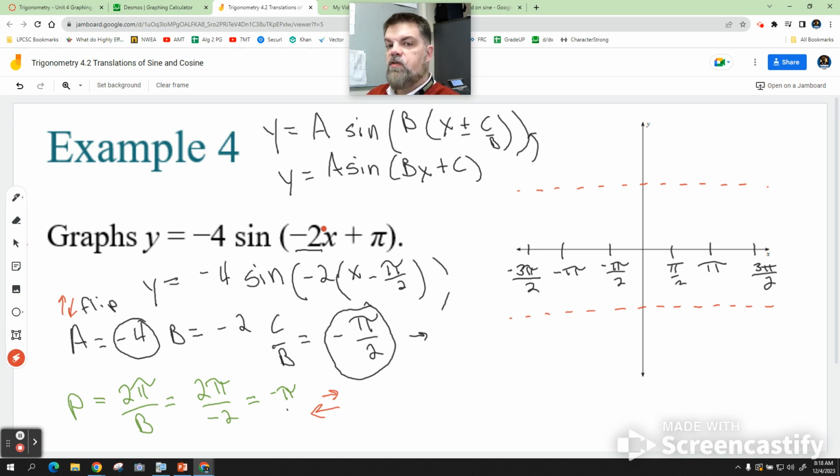Transformation, and I'll transform it in Desmos each letter at a time. So sine normally goes like this, right? A is going to flip it, which would make it go like this. But c over b is, or I'm sorry, the period is negative. So now instead of going like this, I'm going to flip it horizontally, so it'll go like this. Okay? But also, I've got to shift it over to the right.